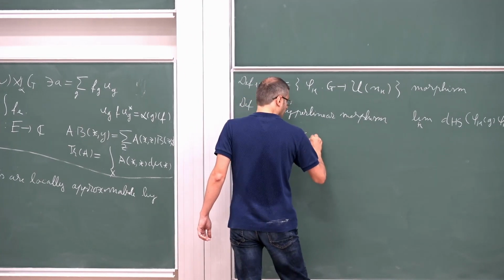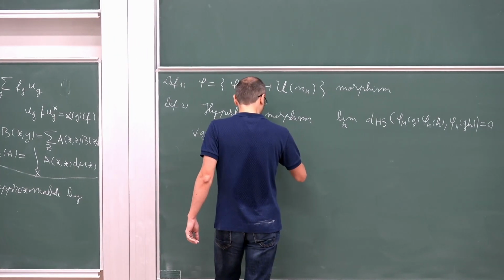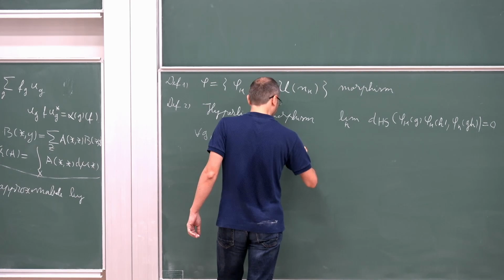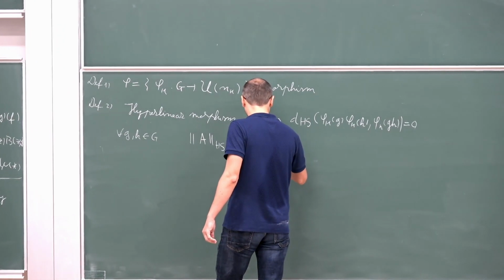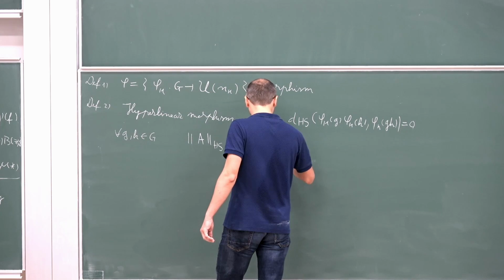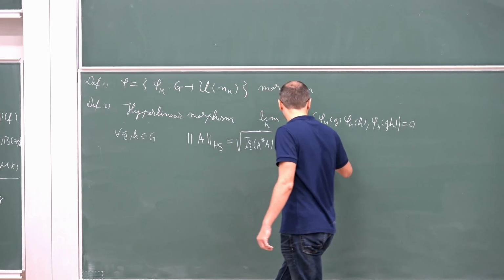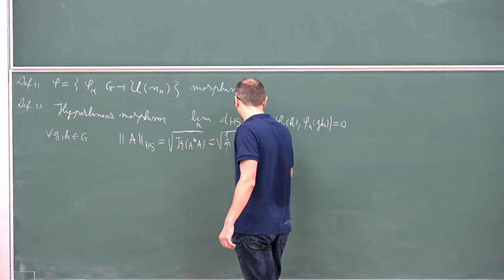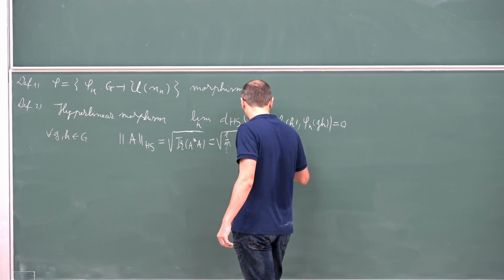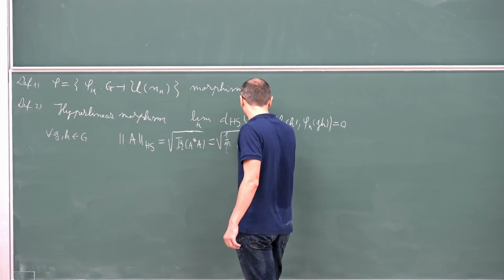I have to tell you what the Hilbert-Schmidt distance is. It comes from the Hilbert-Schmidt norm, which is just the trace norm, the square root of trace of A star A. If you do the computation, you'll see that it's a norm 2: square root of 1 over n times the sum of all the entries of A squared.